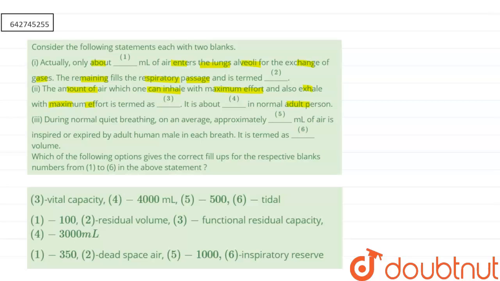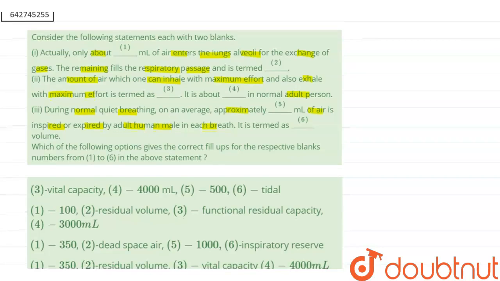Third is, during normal quiet breathing, on an average, approximately dash ml of air is inspired or expired by the adult human male in each breath. It is termed as dash volume.